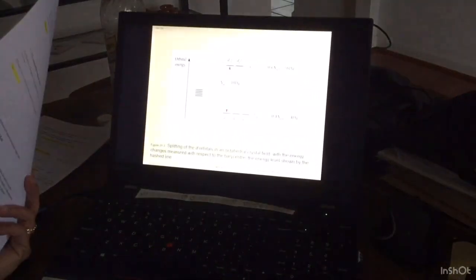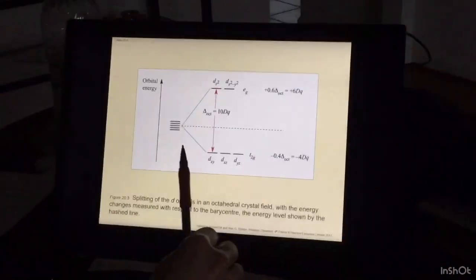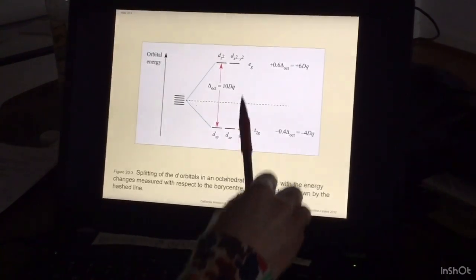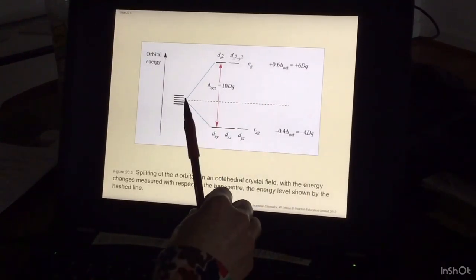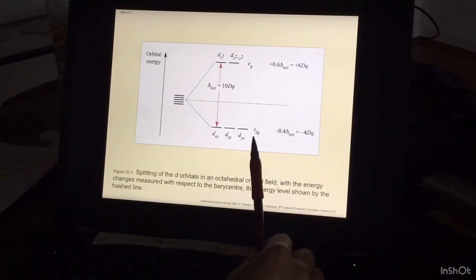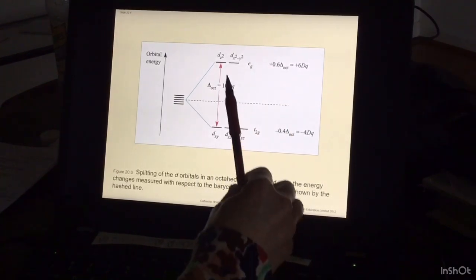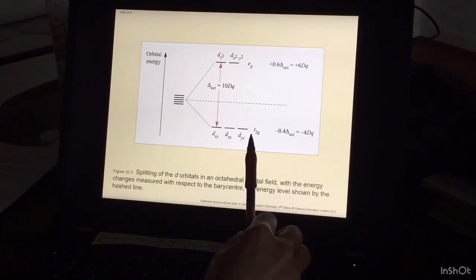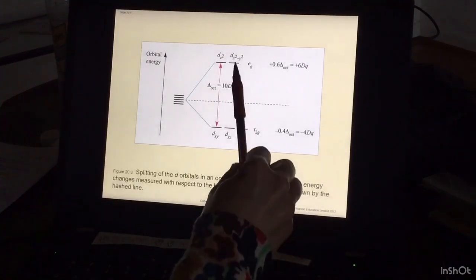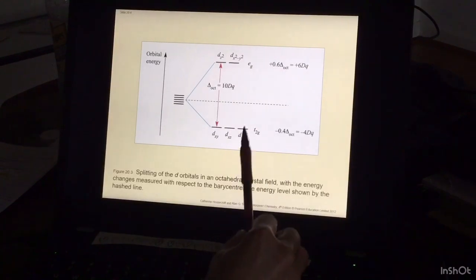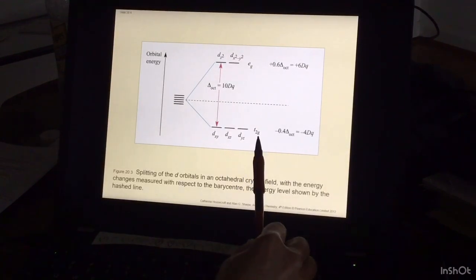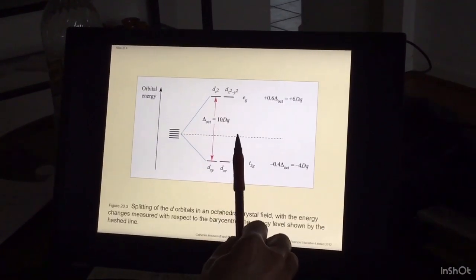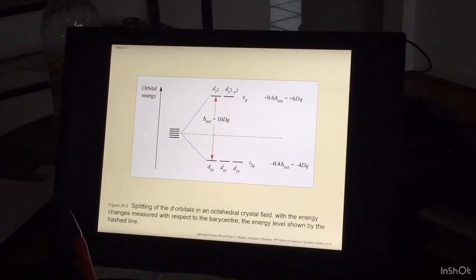If we think of this as the origin here, the EG set is a lot more destabilized than the T2G set is stabilized. So the difference between the origin and the T2G set is a lot smaller than the difference between the origin and the EG set.